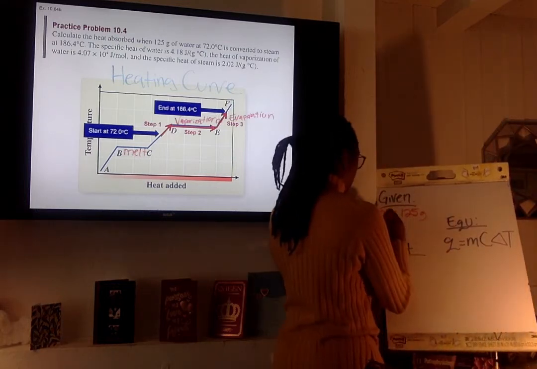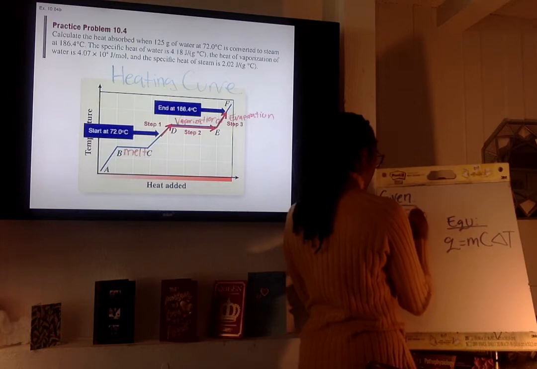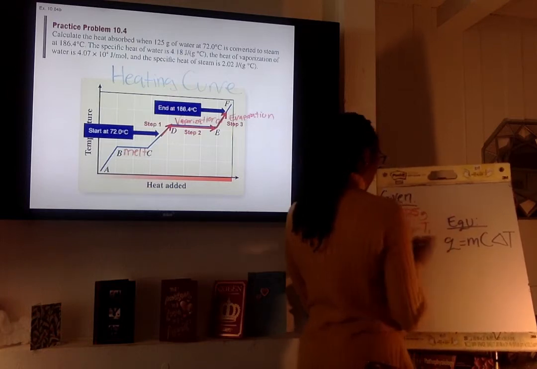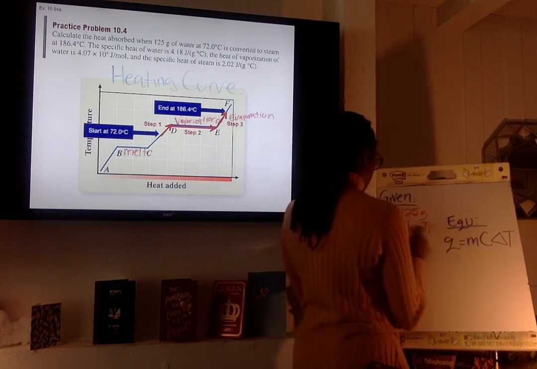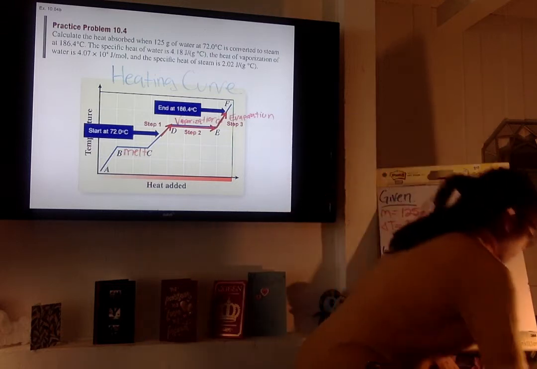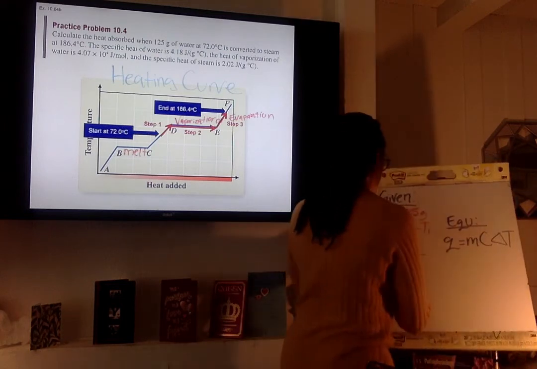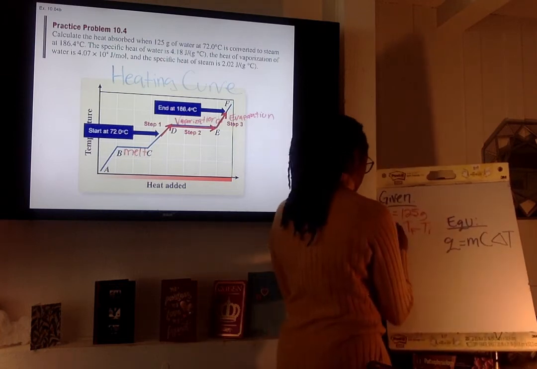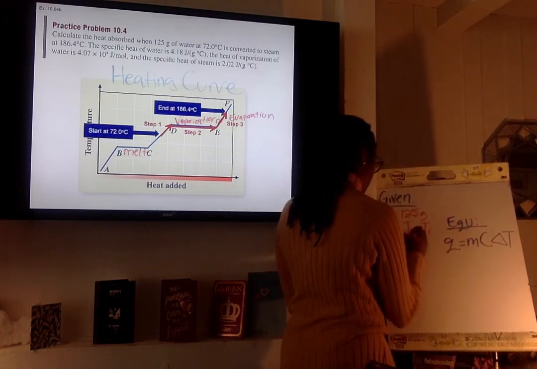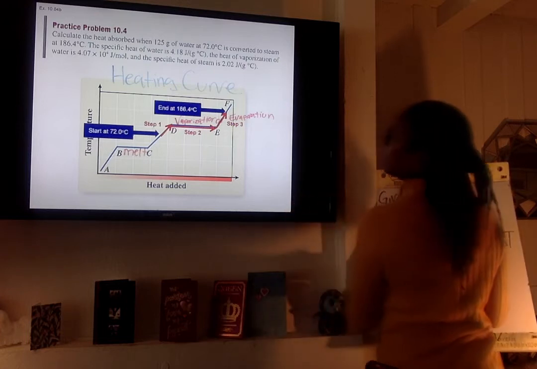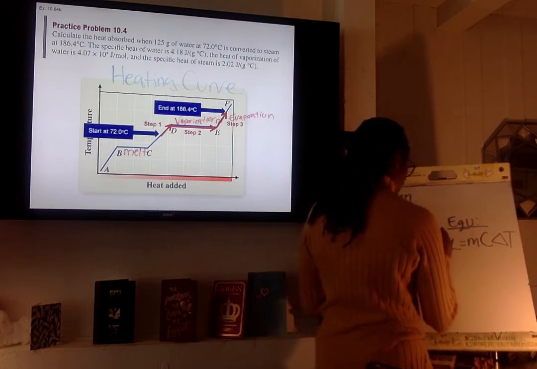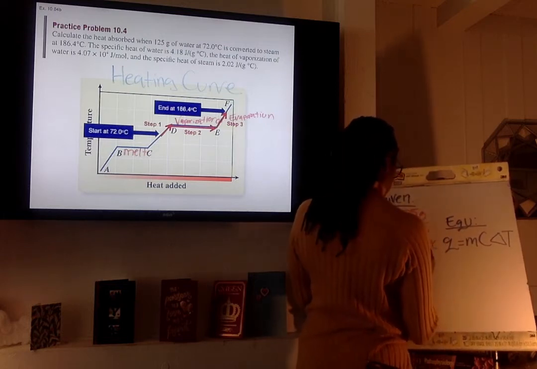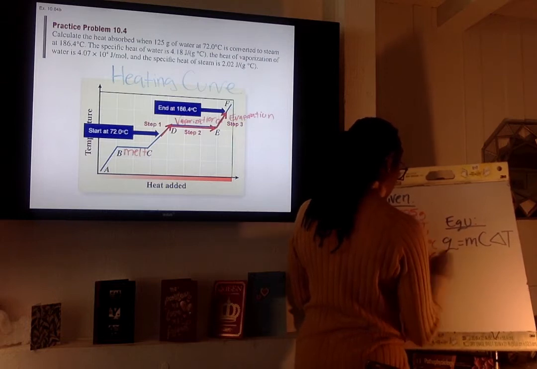So the change in temperature is T final minus T initial, which is equal to delta T equal to 186.4 degrees Celsius minus 72 degrees Celsius.